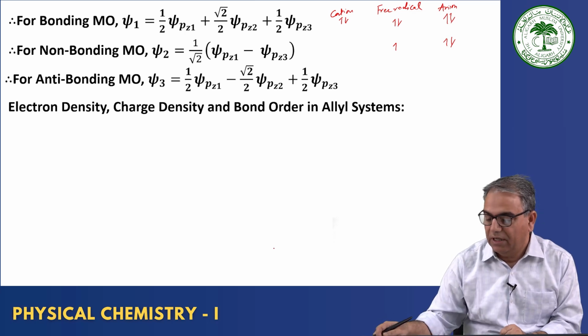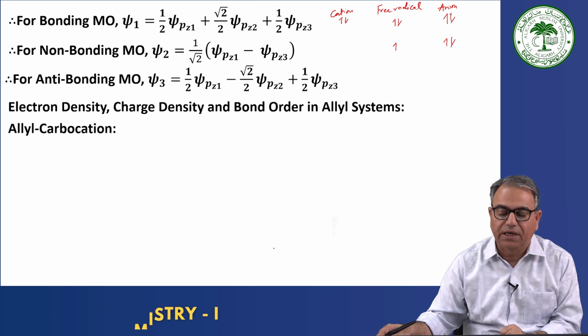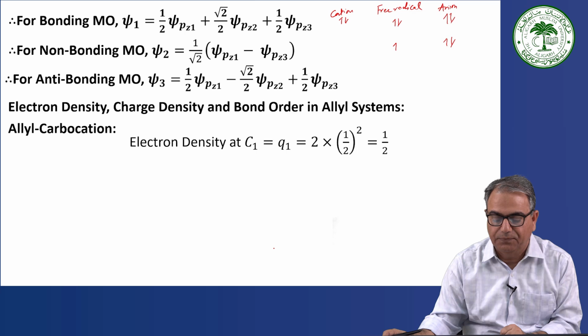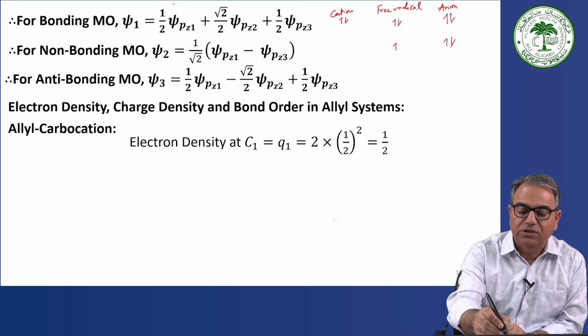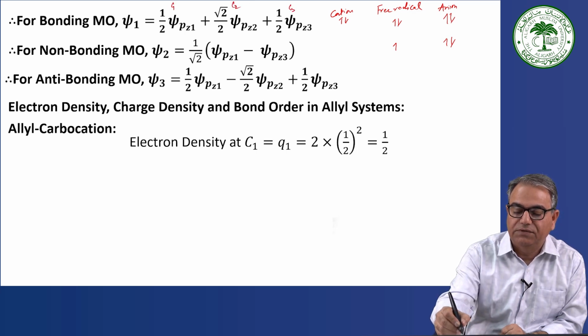As you are aware, we will first look at the allyl carbocation, where only 2 electrons are present and both electrons are in the bonding molecular orbital. So for the bonding molecular orbital, these are the coefficients of C1, these are the coefficients of C2 and these are the coefficients of C3.